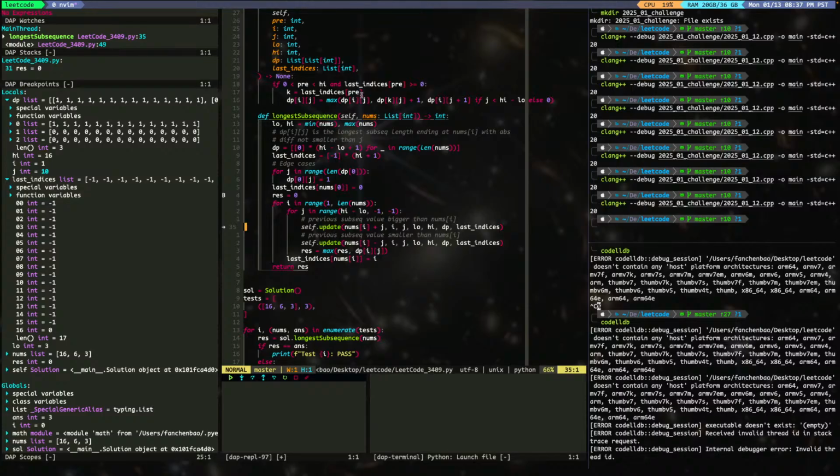Last index 16 is 0. So k is 0. So you look at dp 0, right? dp 0, j is 10. Doesn't matter, this will be 1. So this will be 2, right?